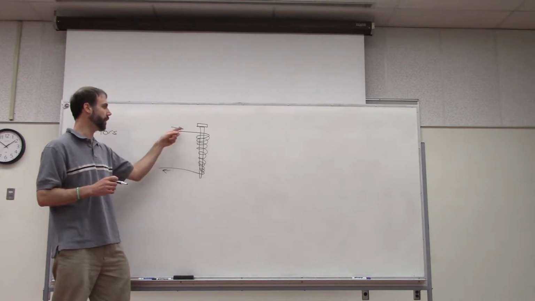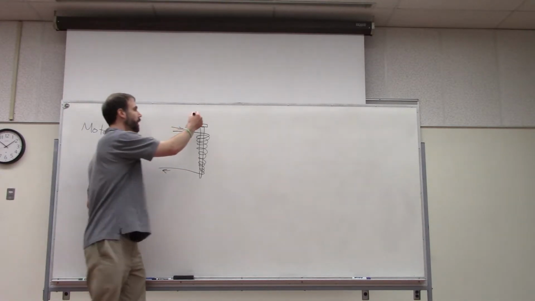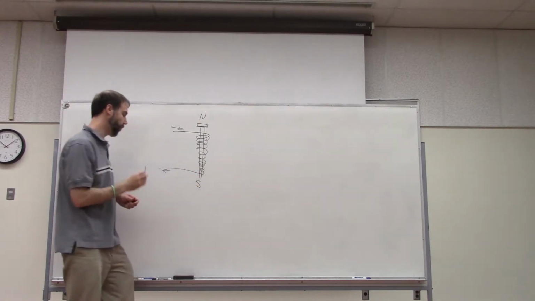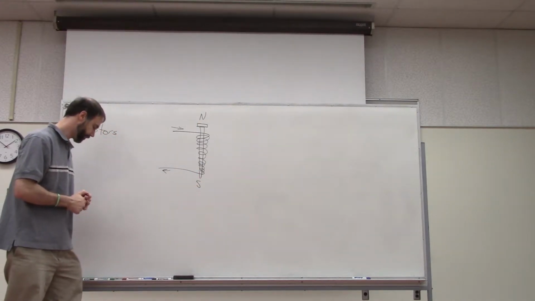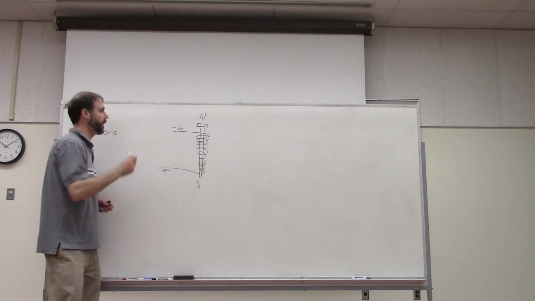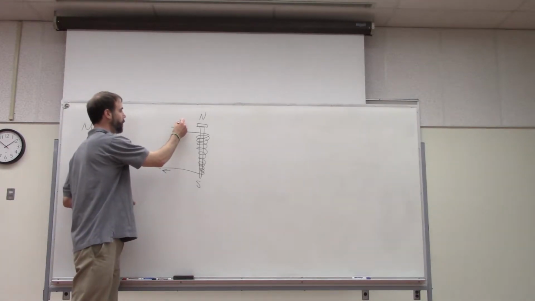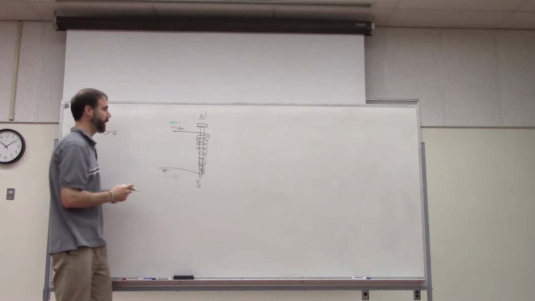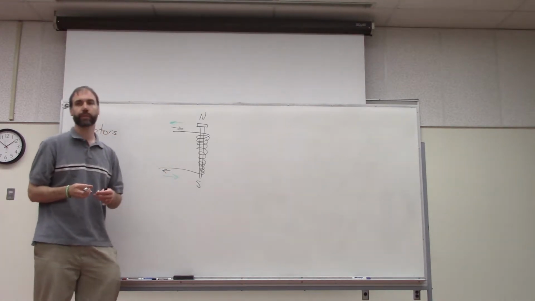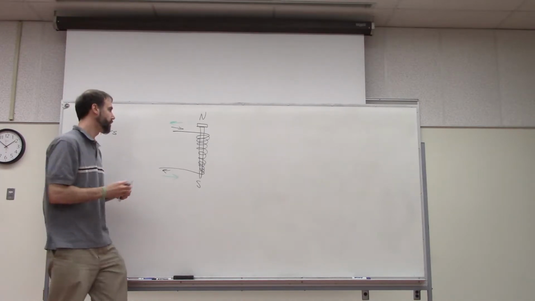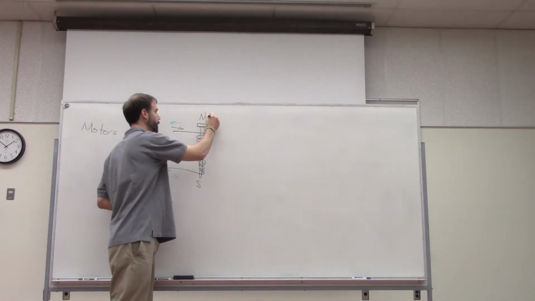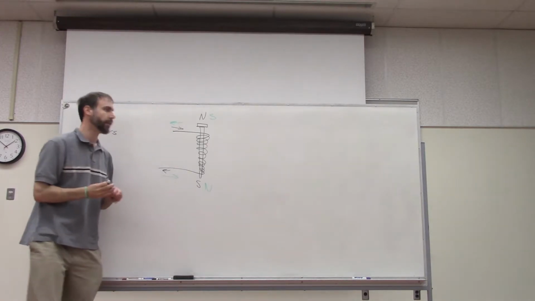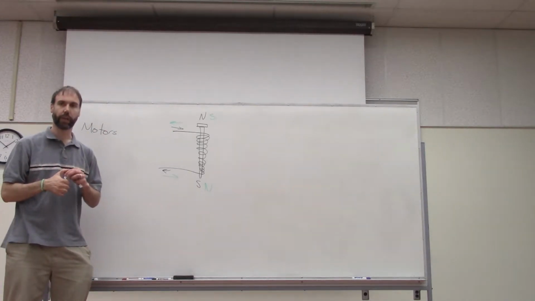So let's say that when the electricity flows in this direction, it creates a north pole up here and a south pole down there. Turns out that if you reverse the direction of the electricity so that now it's flowing like this, it also reverses the poles of the magnet. So now you would have a south pole up there and a north pole down there. Okay?